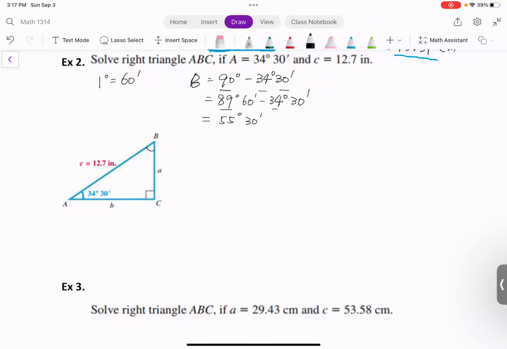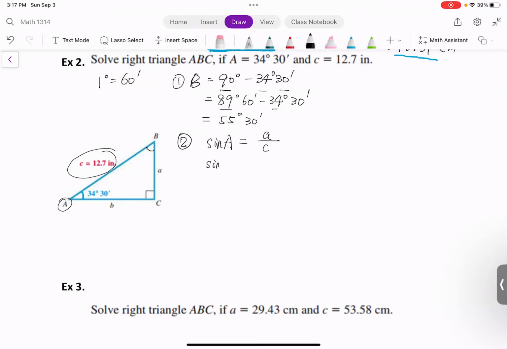And now let's use the given information to find the missing information. So we know the angle A, we know the hypotenuse. What can I find? I can find A. This lowercase a is the opposite of the angle A. So sine A equals opposite over hypotenuse, so A over C. A is not given, but C and angle A are given.